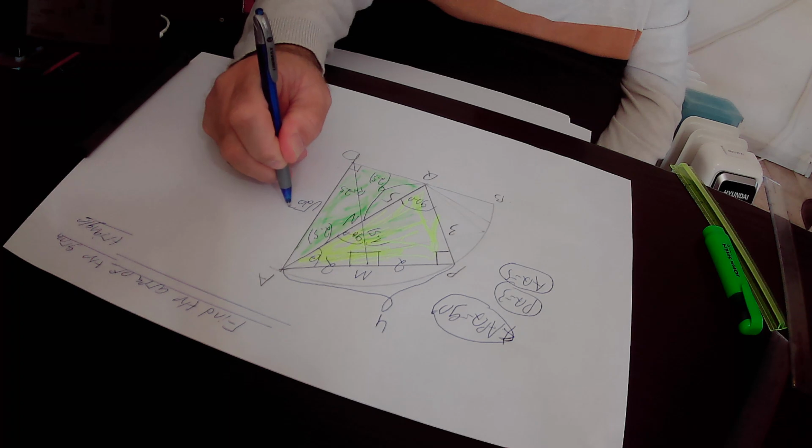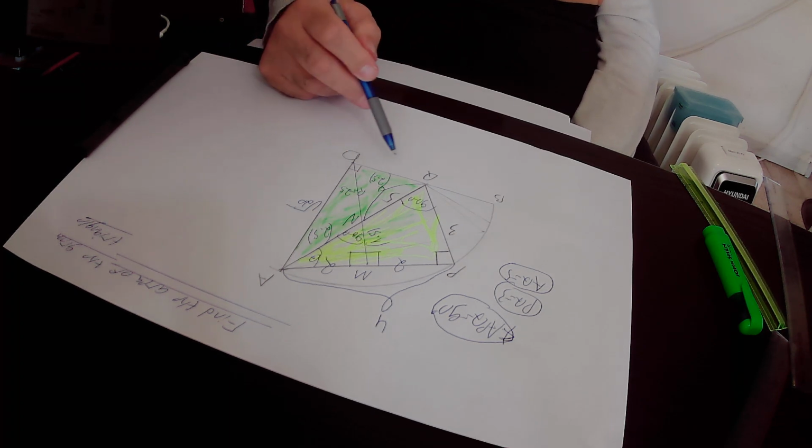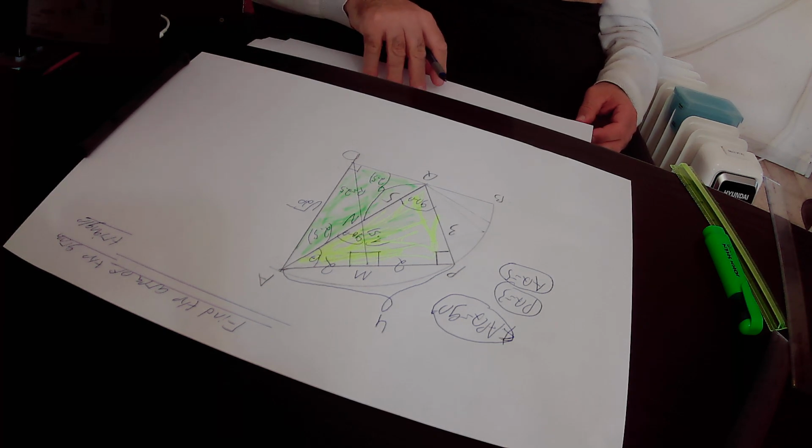In the next step, I will copy the right green triangle AOQ onto a new page, and we will implement on it the Pythagoras theorem.